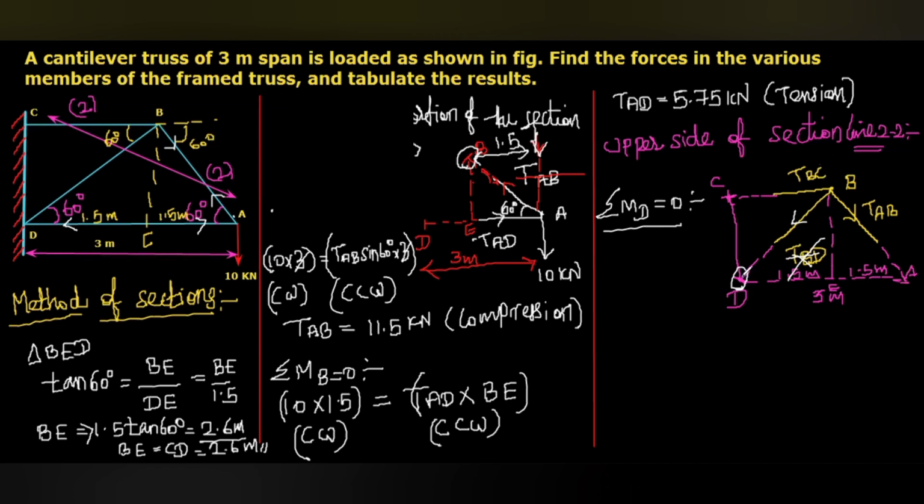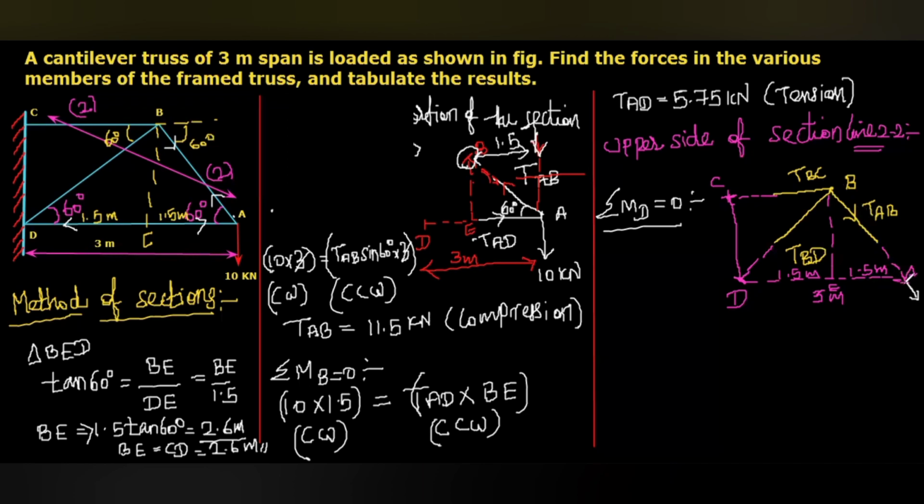Okay. So here, among these two, this TAB passes through the point A also, and the direction also we know. That means from the point B it is like this.